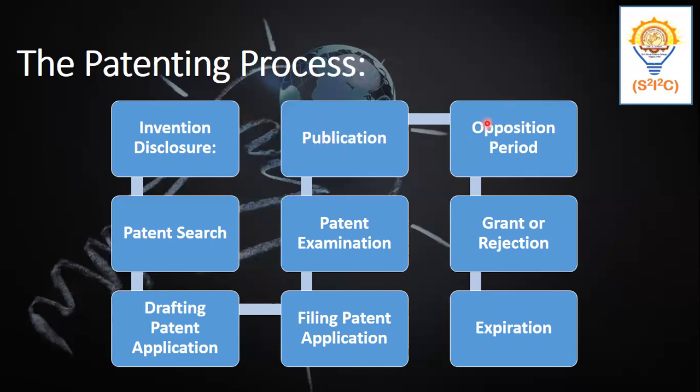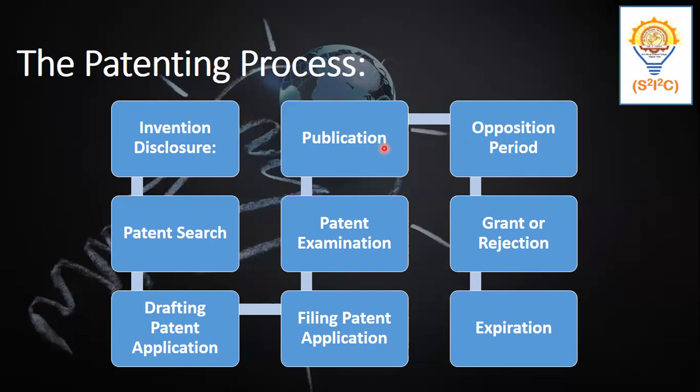During the publication, there are three types of cases. First, there are no objections. Whatever we filed, our idea is published and the publication does not have any objection, then our patent is granted. Second, we have some minor objections to our idea, and we can rectify those objections.